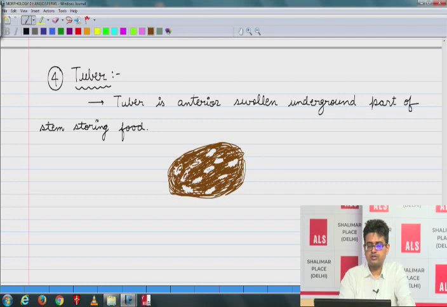These are structures like this here. Eye-like structures.